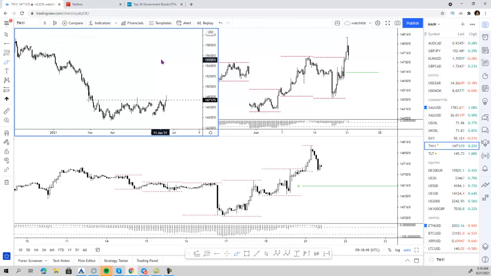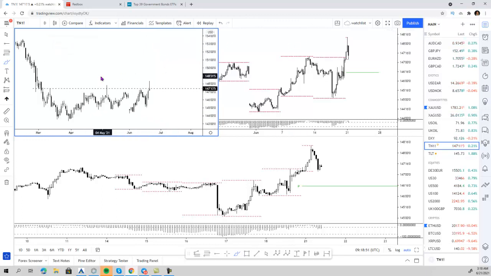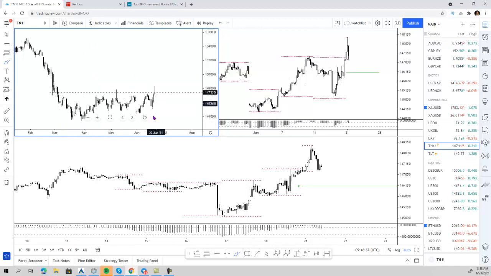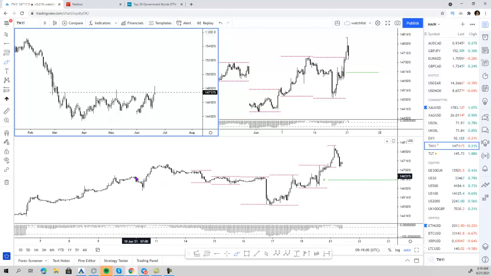We don't have any products on our MT4 to trade T-notes, but it's always good to have a visual of what's going on.